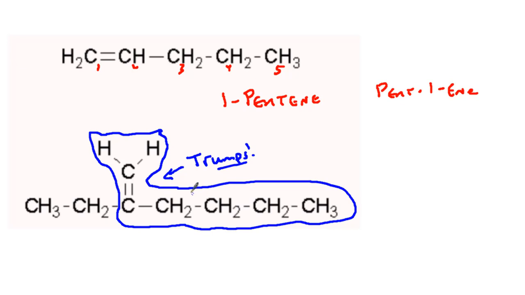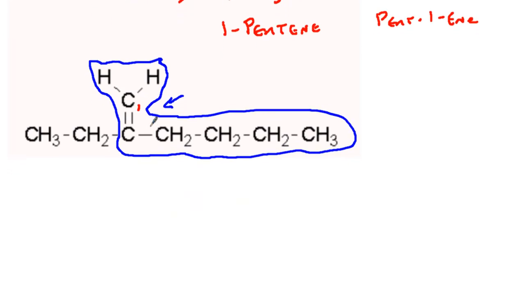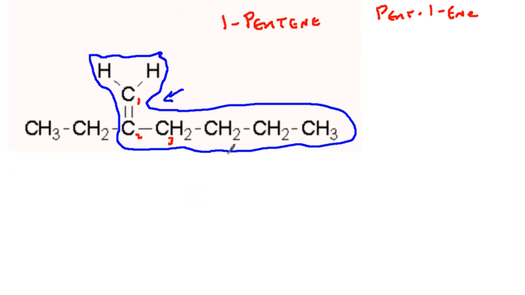That double bond wins out, and so that's going to tell me where my numbering or my naming is going to be. We want the double bond to be on the closest side, so we're not going to number it over here of 1, 2, 3. We're going to number it over here of 1. That's the second carbon, the third carbon, the fourth carbon, the fifth carbon, and the sixth carbon.